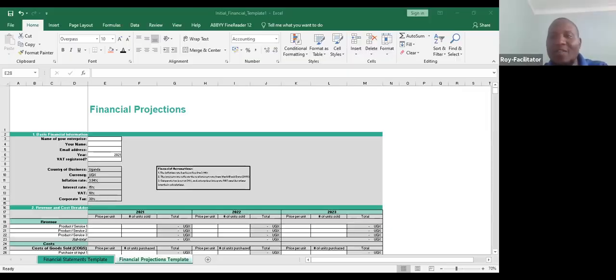So yeah, just to emphasize what I meant, because some may be wondering, okay, what have you just shared? Let me just show you, I'm not going to talk much about it, but we're also going to share with you this initial financial template. So the alternative to you computing and whatever, and you don't have to go through the journey of a financial model, you can just use this, which we're also going to share with you.